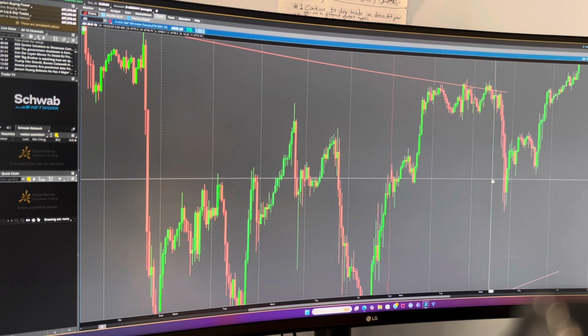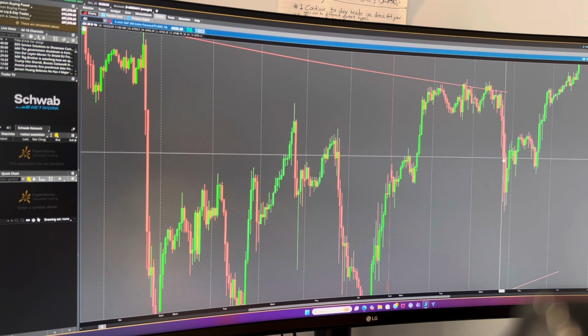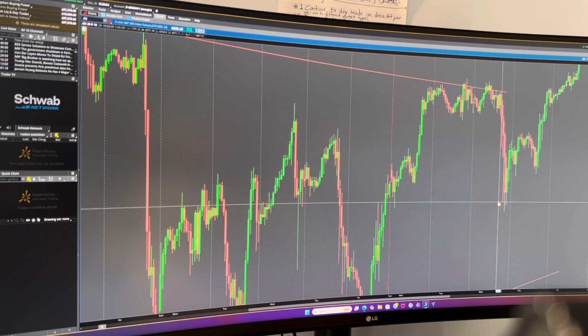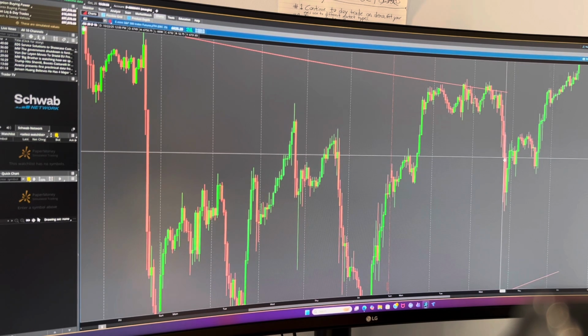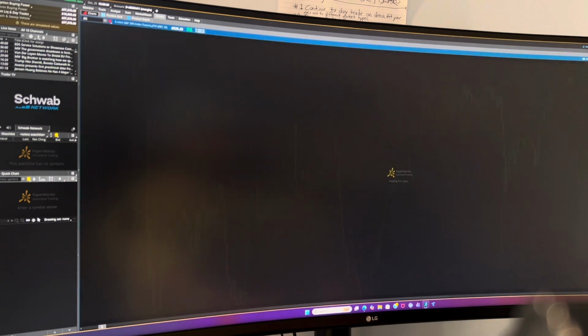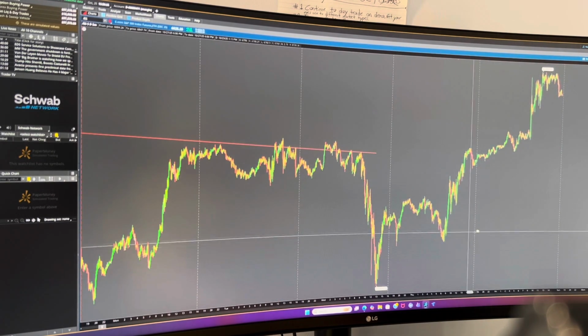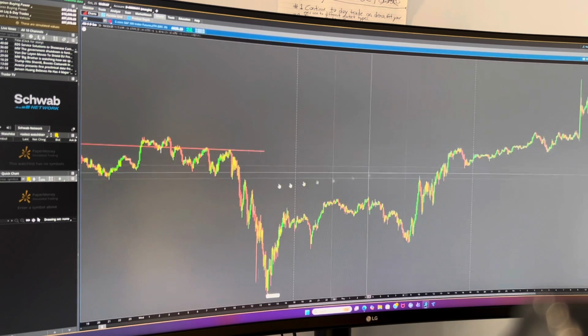So you're probably thinking, look, I held it through all this. 6,697. It got bought all the way back up to 6,730. At that point, when I go to the 5-minute chart, right, let's go back here. Let's look at it again.